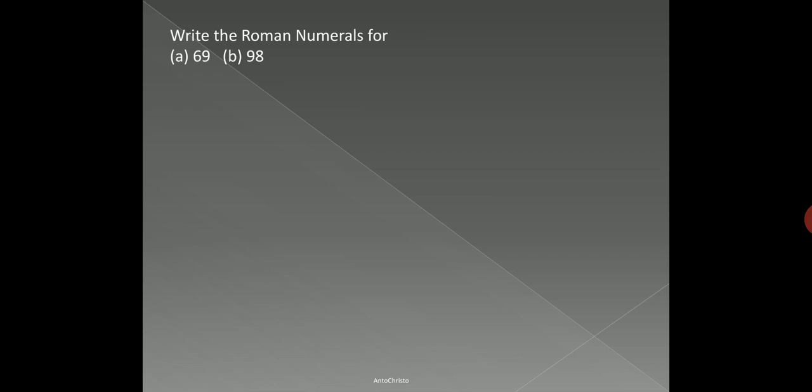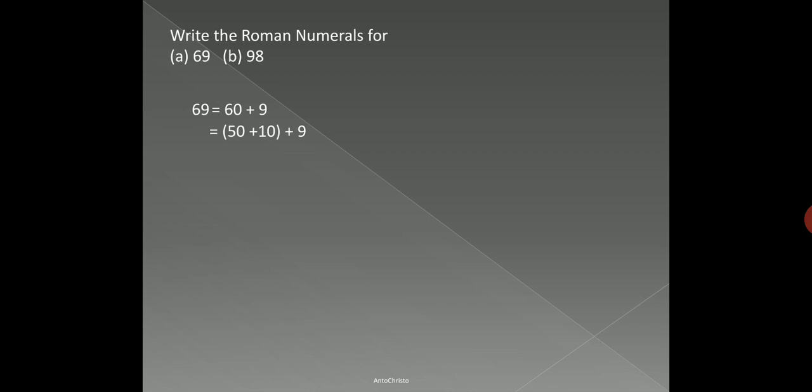Here we are going to write the Roman numeral for the given question. Your first question is 69. So for 69, first we will separate it as 60 plus 9. Now, how can I write 60? Shall I write it as 50 plus 10? I'm doing so because I know the symbols for writing 10, 50, 100 and so on.